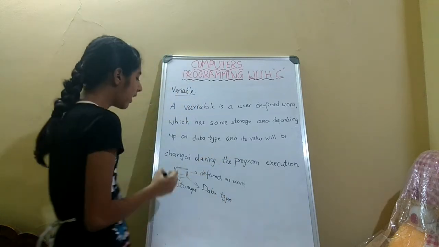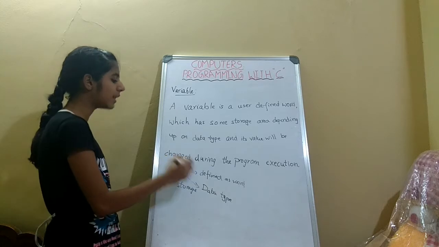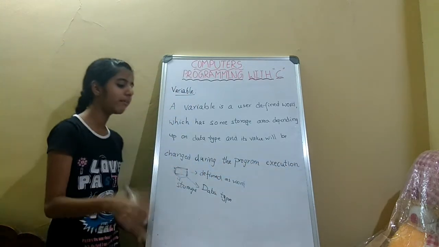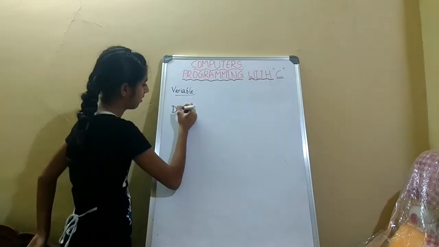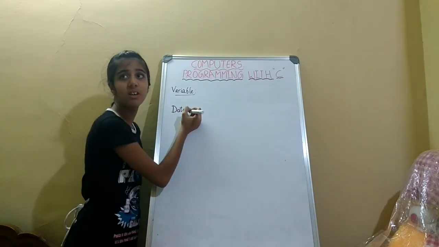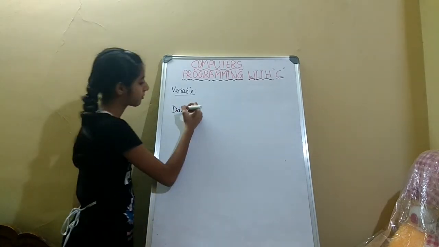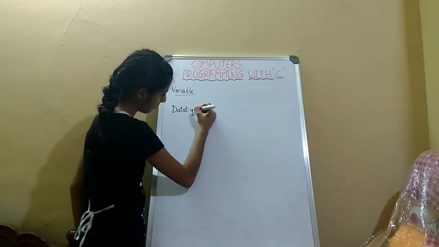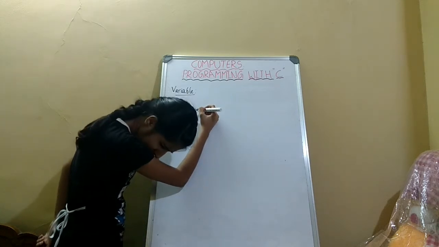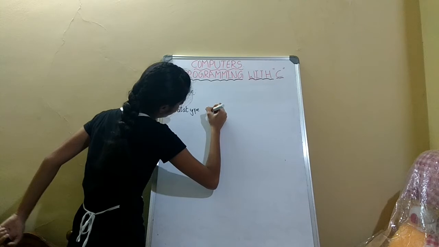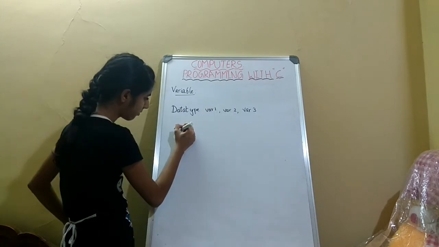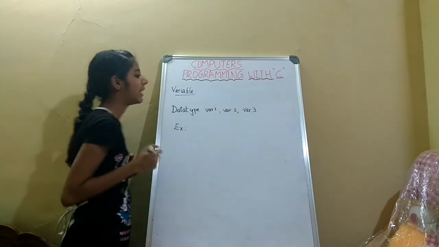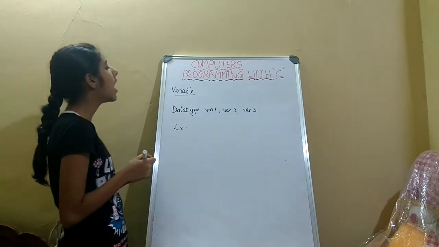This process happens during execution. The syntax is: data type, variable 1, variable 2, variable 3. So it is a short form for variable.